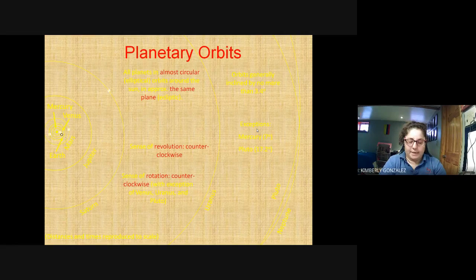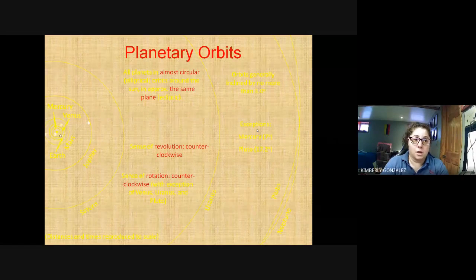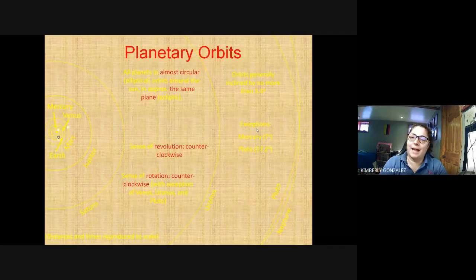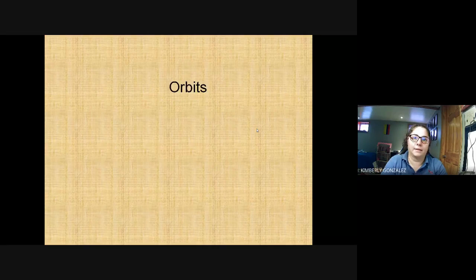Pluto's kind of the odd man out. Okay, you'll notice that as you get further out, once you get past Mars, all of the planets are much larger. They're made up of similar things. And Pluto does not fit that category, which is again why they've been saying that Pluto is not a planet.